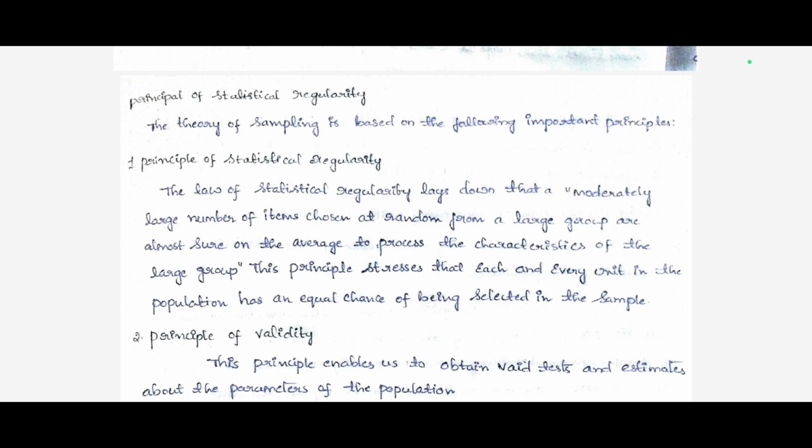The law of statistical regularity lays down that a moderately large number of items chosen at random from a large group are almost sure on the average to possess the characteristics of the large group. This principle stresses that each and every unit in the population has an equal chance of being selected in the sample.